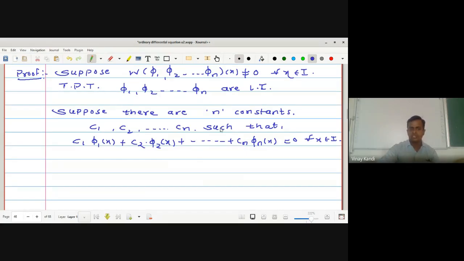That's why we consider C1 phi 1 plus C2 phi 2 up to Cn phi n equal to 0 for all x belonging to I. Now differentiate this equation with respect to x up to n minus 1 times.